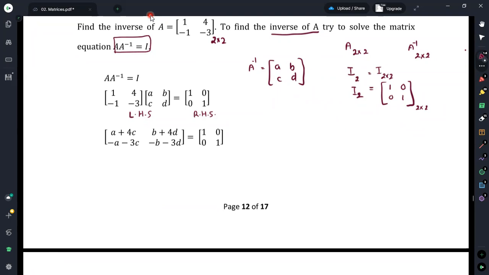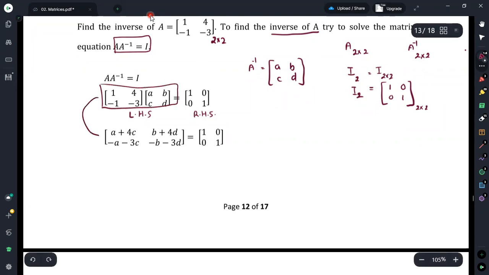Therefore, as the first thing, we have to multiply these two matrices, and the multiplication gives us a 2 by 2 matrix having the elements a plus 4c, b plus 4d, minus a minus 3c, and minus b minus 3d. This matrix is obtained by the multiplication of these two matrices.